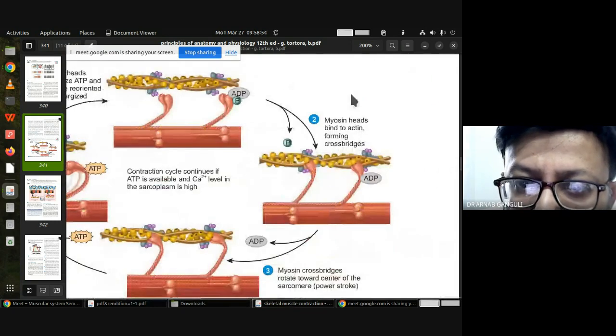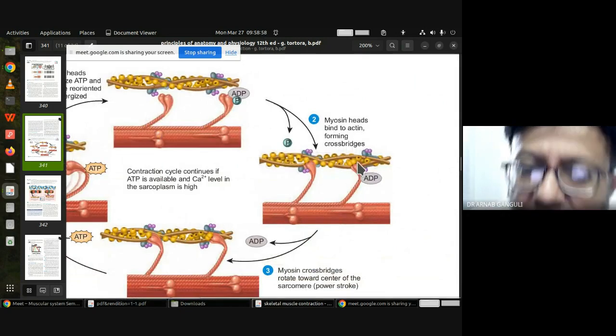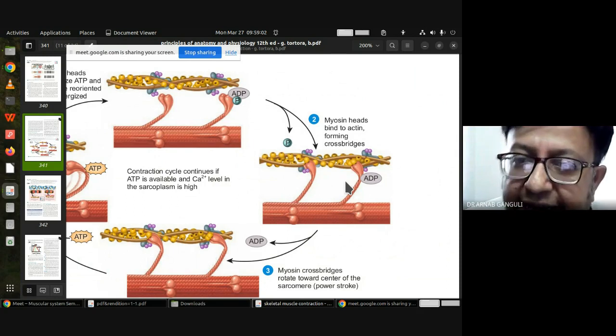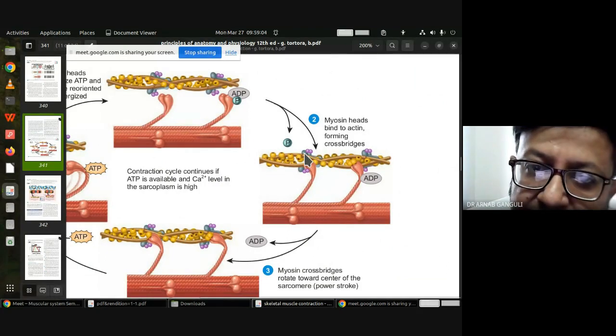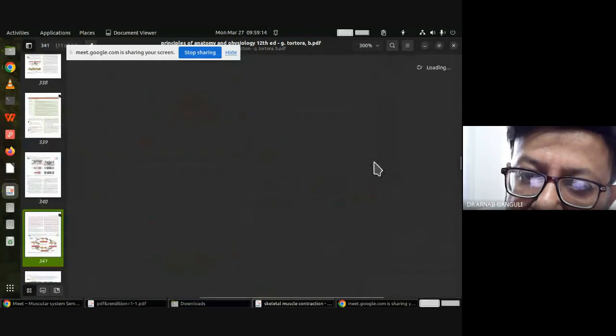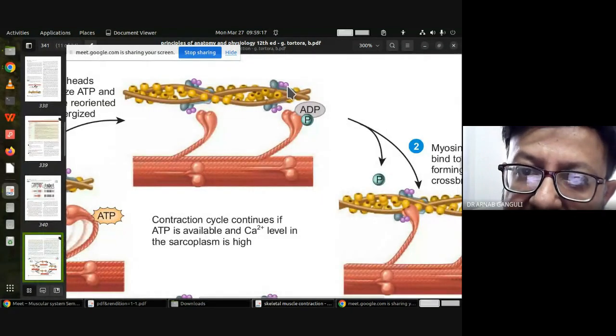Then the myosin head binds to the actin and forms the cross bridges. The two got attached, thick and thin have got attached. This is troponin bound to calcium. This violet color one is the calcium molecule, and this is the troponin molecule.